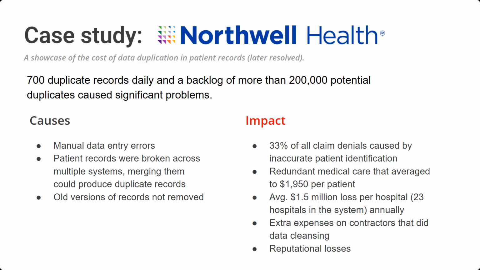The total money loss was estimated at 1.5 million per hospital, and they had more than 20 hospitals in their system, 23 back then. So one can do the math. It meant that they lost about $30 million annually on average.